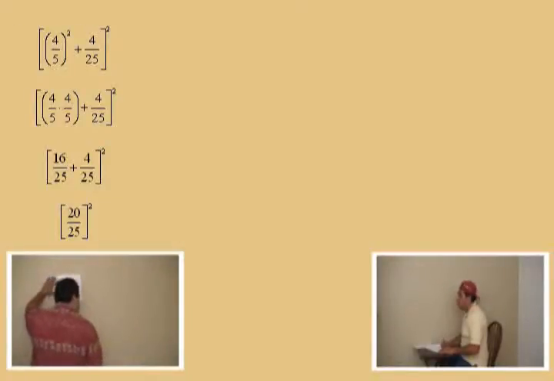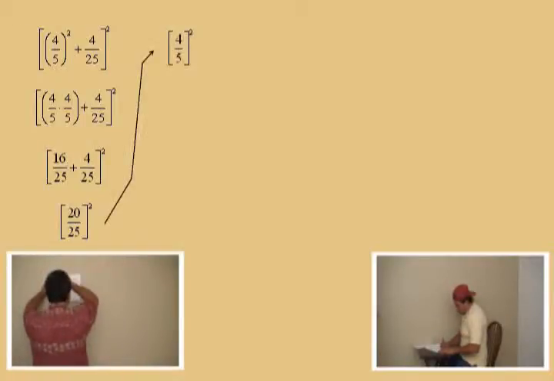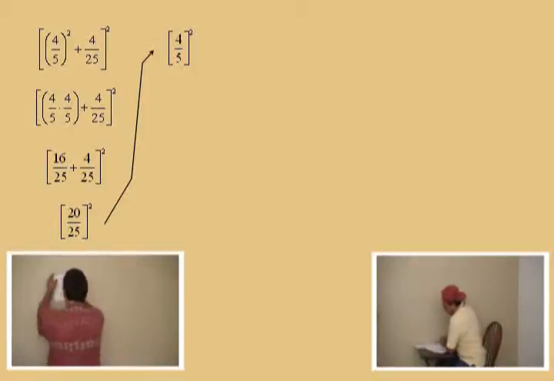Okay, we know what that means, 20/25 times 20/25, but we always want to reduce when we can. Okay, and so how does 20/25 reduce, Charlie? 4/5, because you're dividing both top and bottom by a 5. So 20 divided by 5 is a 4, and 25 divided by 5 is the 5. And don't forget that squared there.